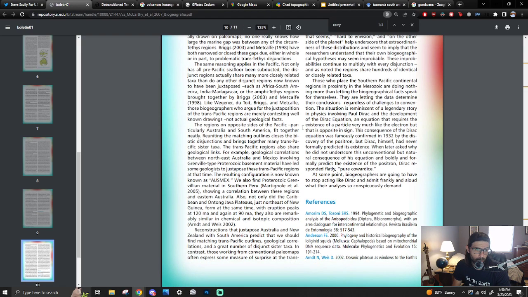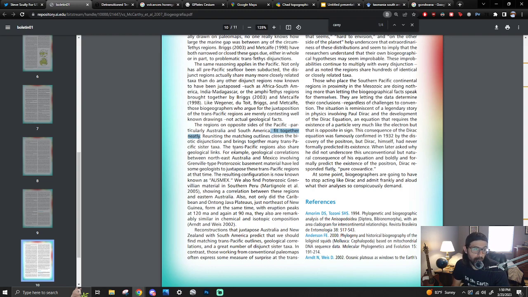What are you guys doing? Regions on opposite sides of the Pacific, particularly Australia and South America, fit together neatly. Reuniting the matching outlines closes the biotic disjunctions and brings together many trans-Pacific sister taxa. The trans-Pacific regions also share geological links.